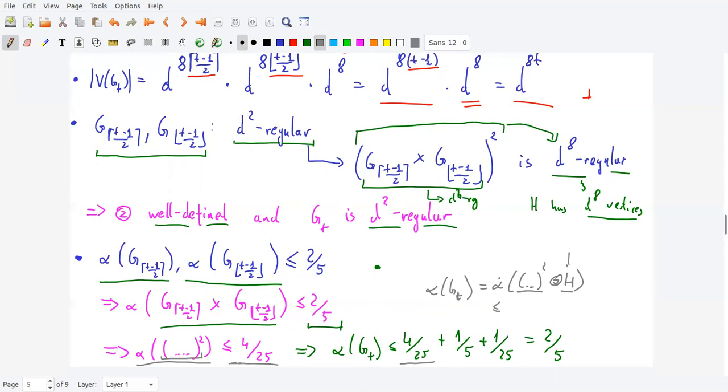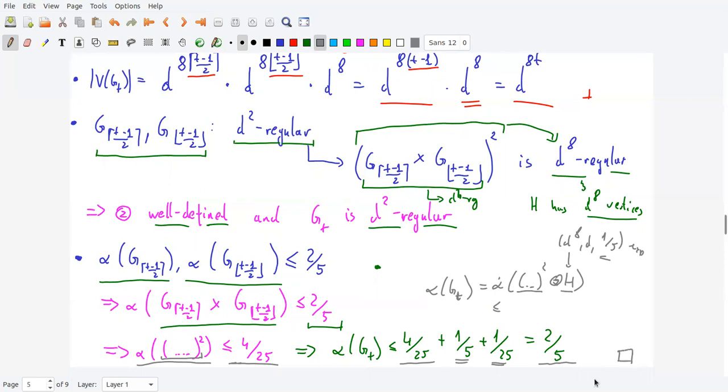And H was a D to the 8, D, 1/5 expander. So this 1/5 comes here, and here I've got 1/5 squared. So I've got 4/25 plus 1/5 plus 1/25, and magic, 2/5 again, and the induction goes through. Good.